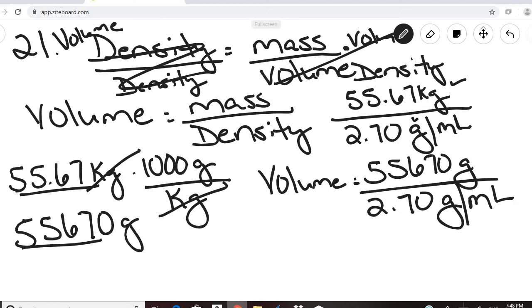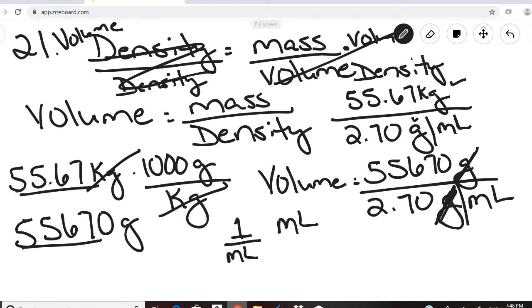Okay, so if we look at, first of all, look at units. We have a gram on top and a gram on bottom, so those cancel. And remember from algebra that when you divide by something, that's the same as multiplying by the reciprocal. So if I divide by milliliters, that's really like 1 over milliliters. So that's the same as multiplying by milliliters, which simply means that the milliliters is going to jump up on top.